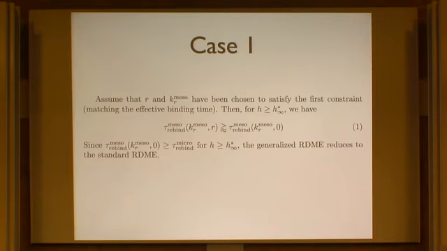And what we can do in the first case is to show that, assuming that these 2 parameters satisfy the first constraint, matching the effective binding time, for all h greater than or equal to h star infinity, the mesoscopic rebinding time for positive r will be greater than or equal to the mesoscopic rebinding time for r equal to 0.